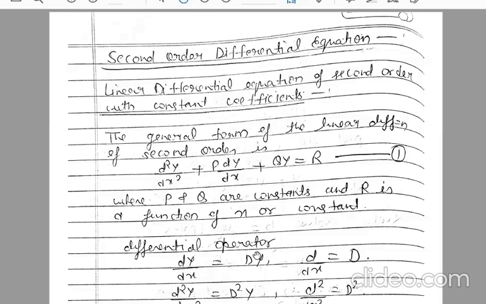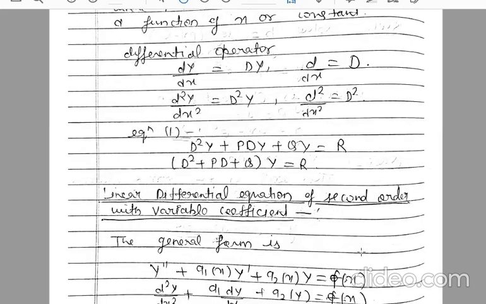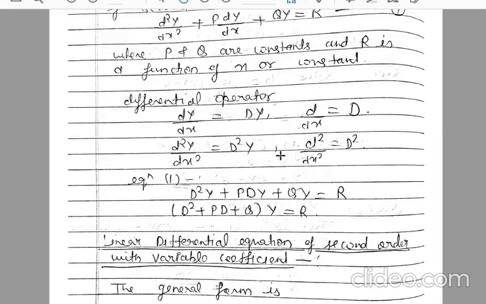And the differential operator d upon dx we write as capital D, where d upon dx is equal to capital D. d2y upon dx2 is equal to D square y, as d2 upon dx2 is equal to capital D square. We put all these values in our given equation, so we get D square y plus pDy plus qy is equal to r, that is, (D square plus pD plus q)y is equal to r, right?